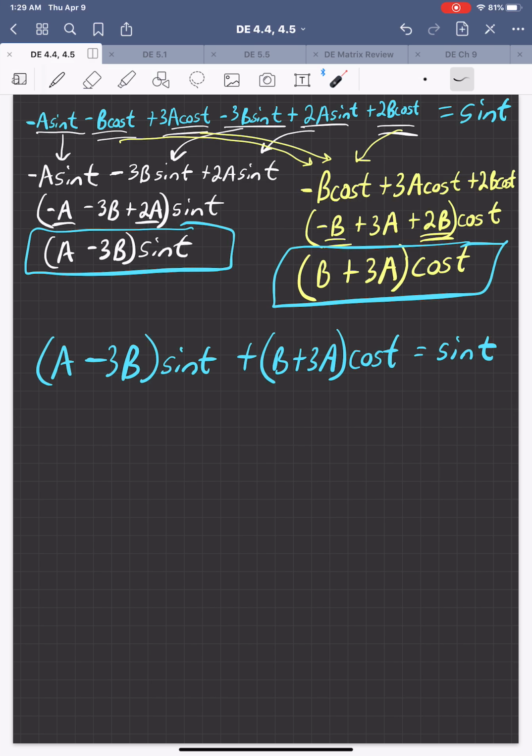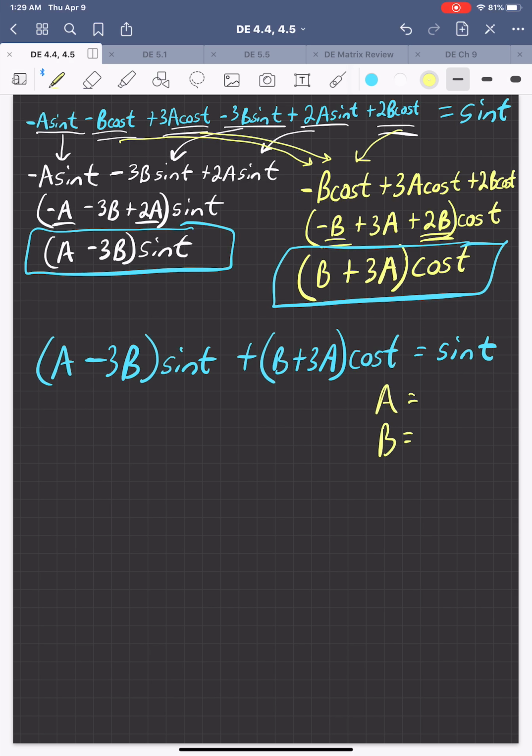In order to make this work, I need to find an a and a b. In other words, a has to equal something and b has to equal something, such that when I plug them in here, I get sine of t.